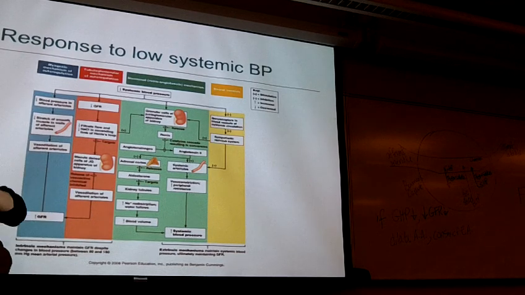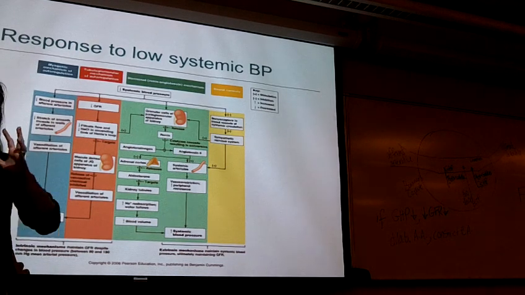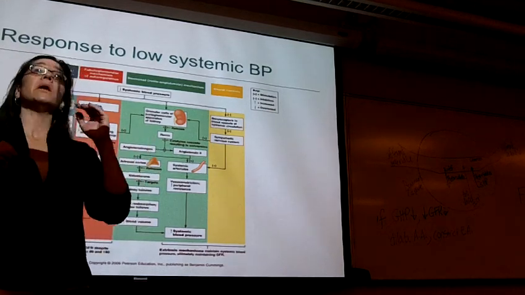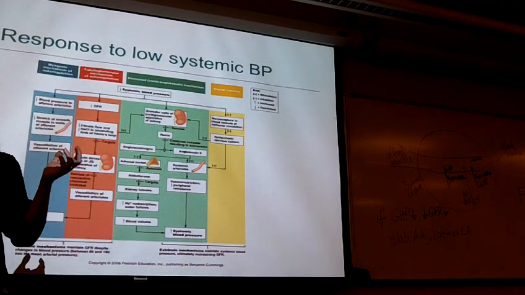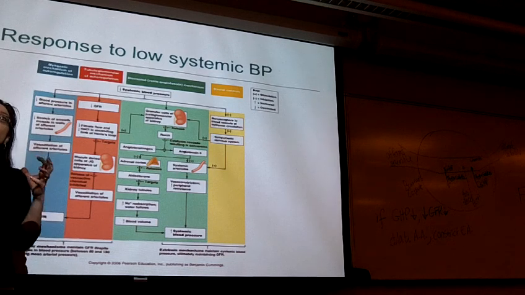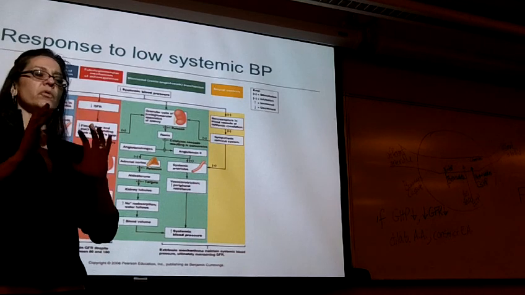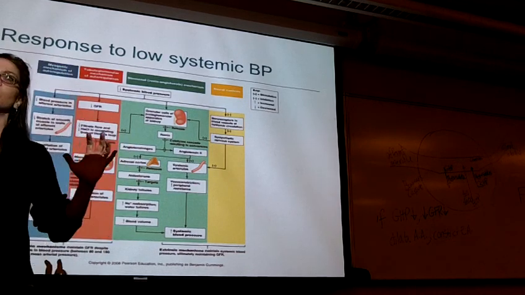ANP and BNP do just the opposite. ANP and BNP are going to be released if the atria and the ventricles are stretching too much, which basically means if blood volume is too high, if we have too much water in our blood, then the atria and the ventricles will stretch more.